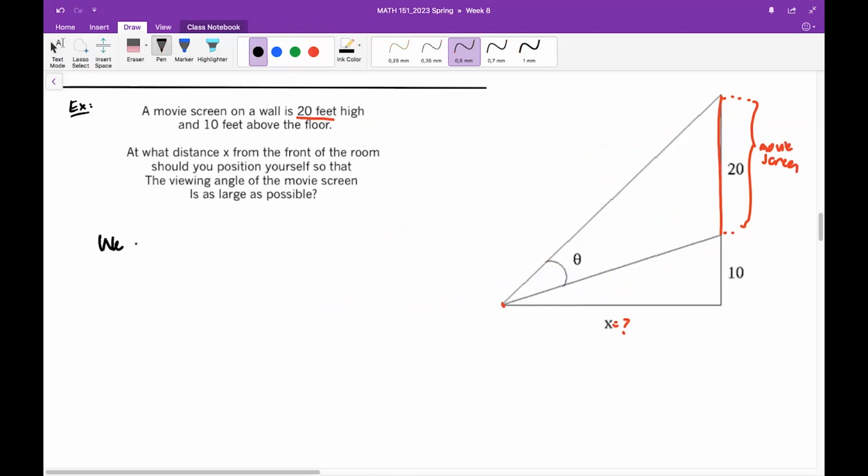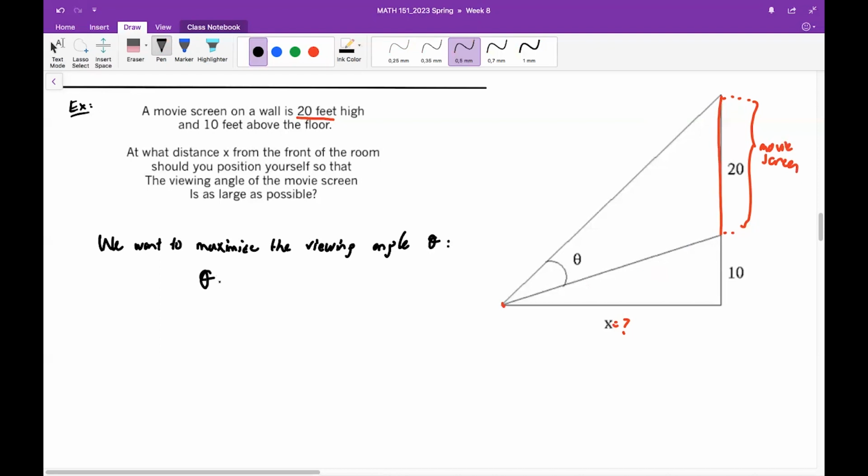We want to maximize the viewing angle theta. That's the question.